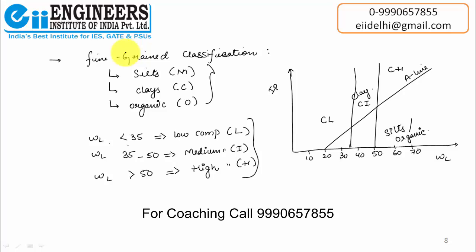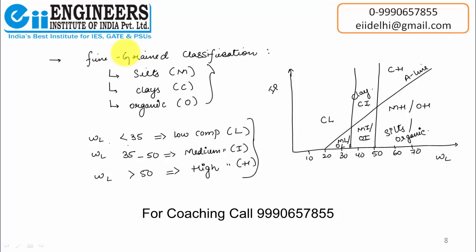of high compressibility. Now, in a similar way, this will be silts of low compressibility or organic soils of low compressibility. It will be silts of medium compressibility or organic soils of intermediate compressibility. This will be silts of high compressibility or organic soils of high compressibility.